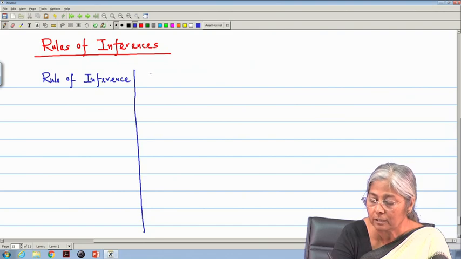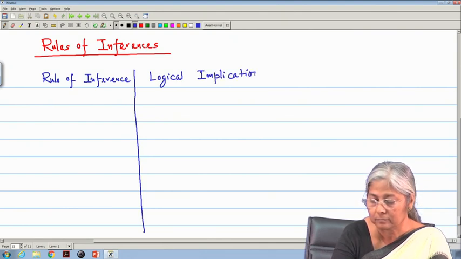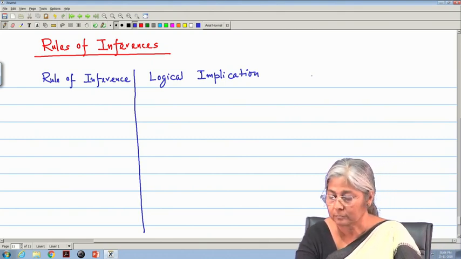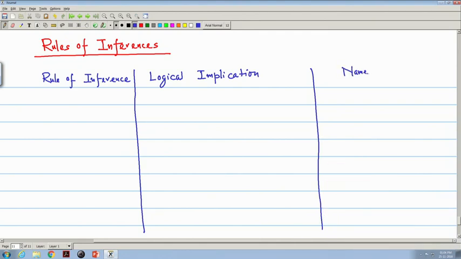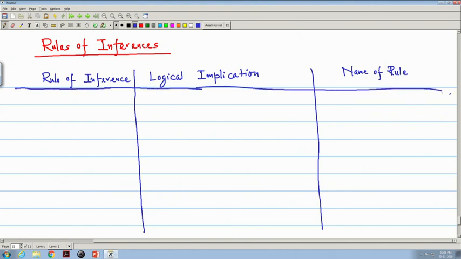The related logical implication that we write here, and the name of the rule, like in the last two examples we have seen, the modus tollens or modus ponens we have given. So, we give some numbering.